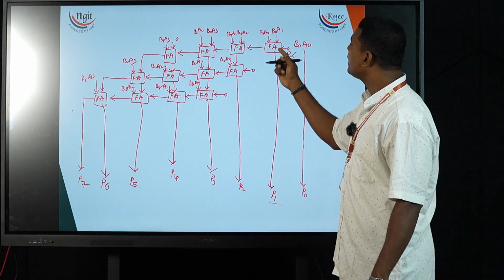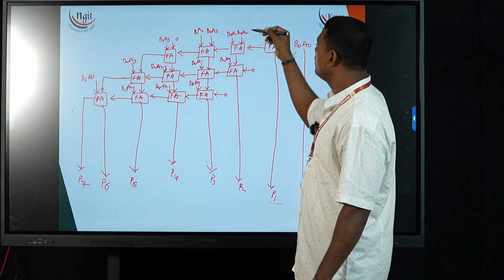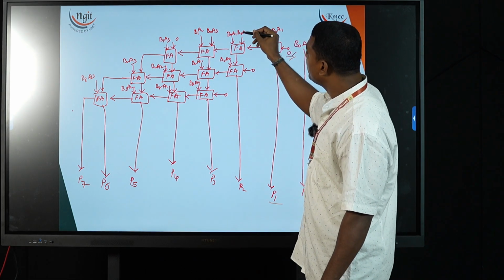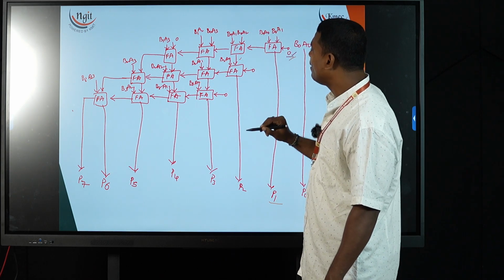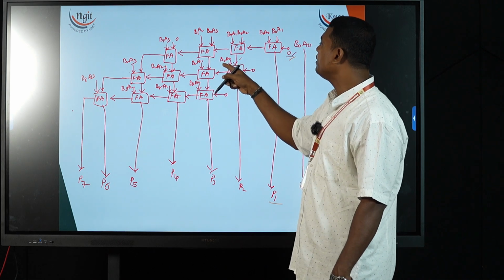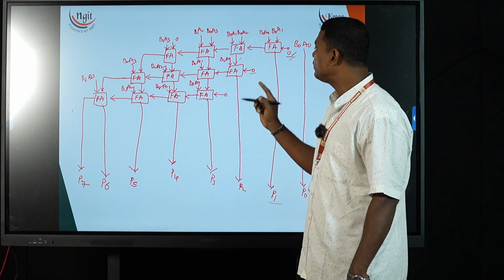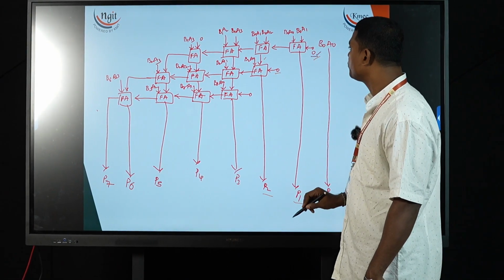Whenever a carry is generated, that carry will be propagated to the next stage, where I am adding my P2 variables, that is B0 A2 and B1 A1, along with B2 A0, with the carry input for the next full adder as 0, which generates P2.